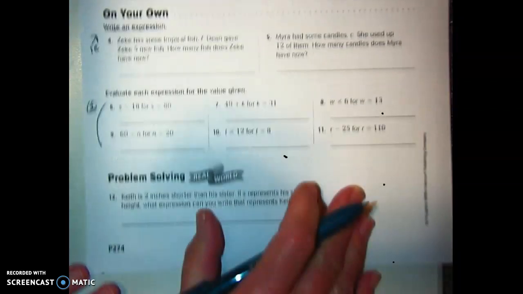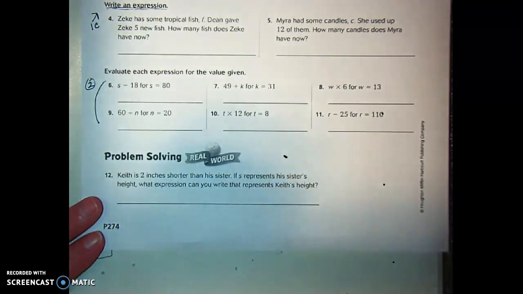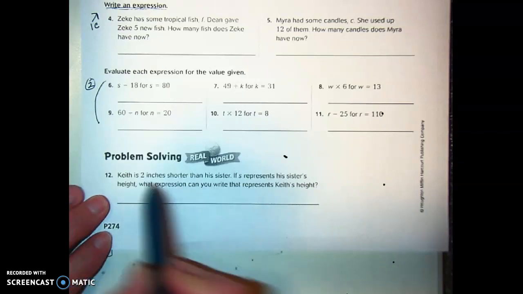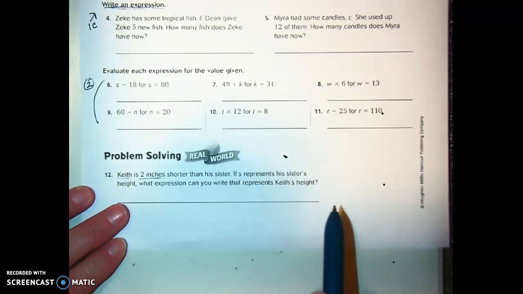Let's go ahead and look at this problem solving together. Keith is 2 inches shorter than his sister. If S represents his sister's height, what expression can you write that represents Keith's height? Okay, so Keith is 2 inches shorter than his sister.